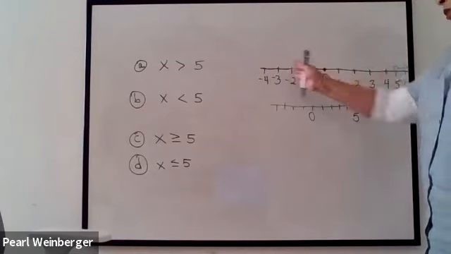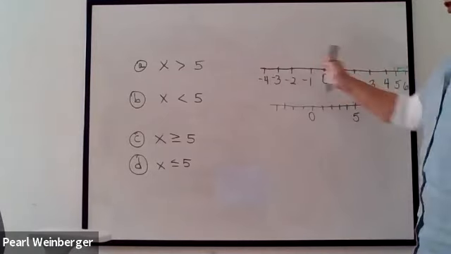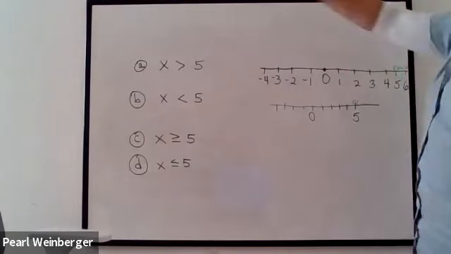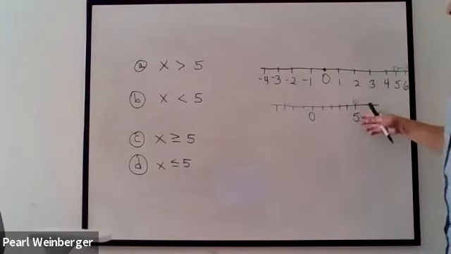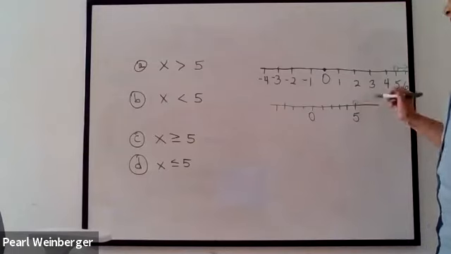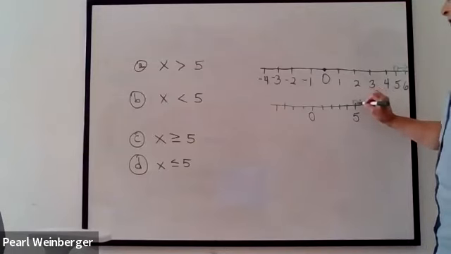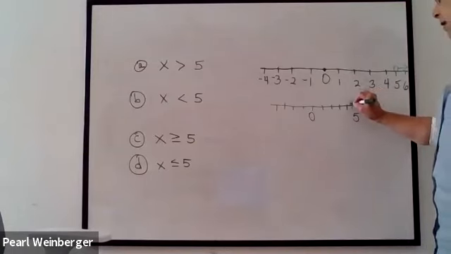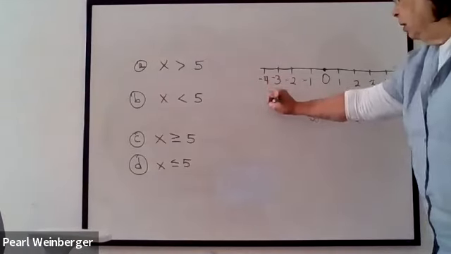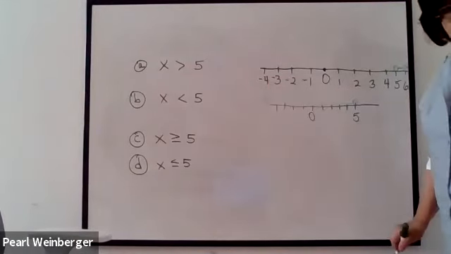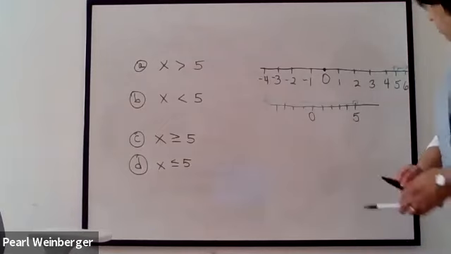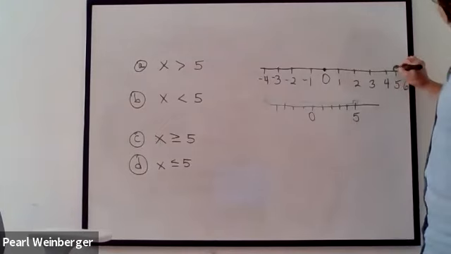The way number lines always work is that the smaller numbers are to the left, the larger numbers are to the right. So this means anything to the left of 5. Notice I make an open circle at 5, and now I make my arrow going to the left. Can you see the arrows? I don't know if maybe I should make them in black.